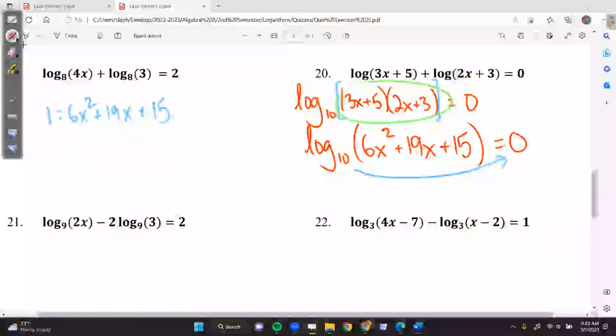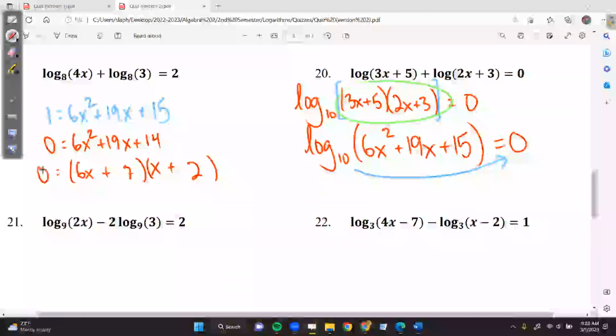At this point, it's just a standard, ho-hum, been there, done that quadratic equation. I'm going to leave 6x squared alone. I'm going to leave plus 19x alone. I am going to subtract 1 across to the other side, giving me 14. And then I'm just going to hope that I've done my due diligence and that I know how to factor. The factoring on this one shook out to be a 6x and a 1x, and then there was a 7 here and a 2 here, giving us a 12 and a 19, and they're both pluses.